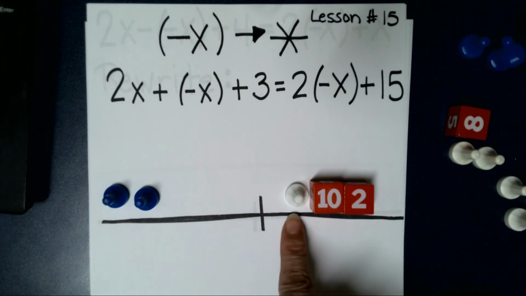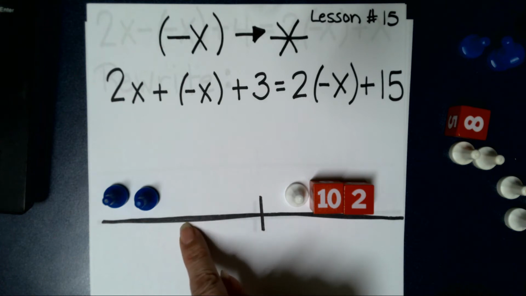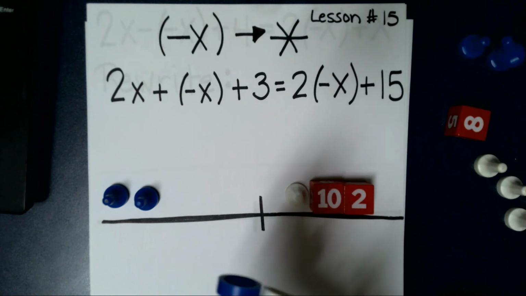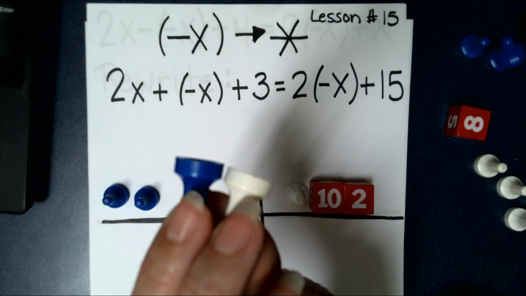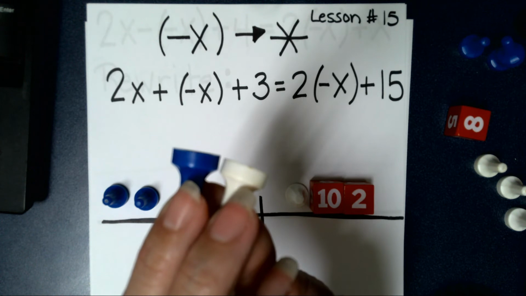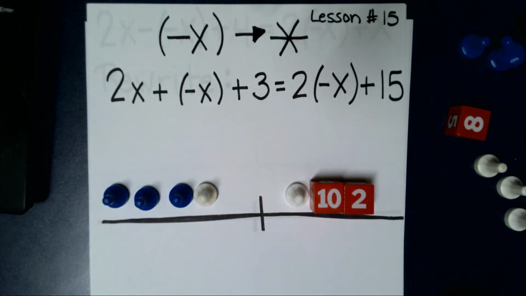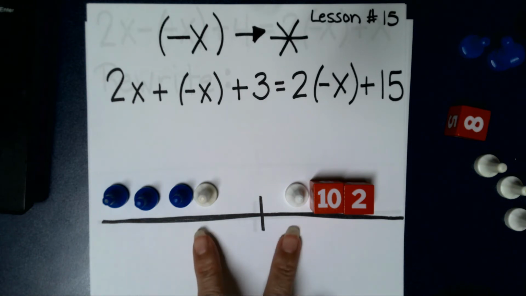Now I have a star and 12 on the right and two pawns on the left. I need to get rid of this star, so we can either add a 0 pair to the left, or we can add a blue pawn to both sides. I like using 0 pairs, so I'm going to go ahead and take a 0 pair, which, if you remember, has a value of 0 when we add them together because they're opposites. And I can put them both on the left-hand side of the equation because they do have a value of 0 when they are together. What that did is it now provided me with a star on each side of the balance.